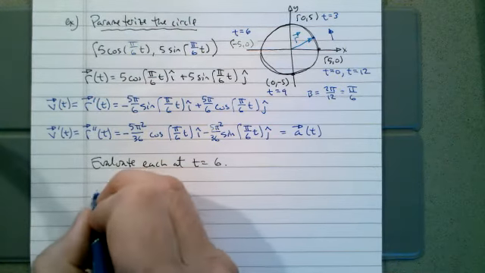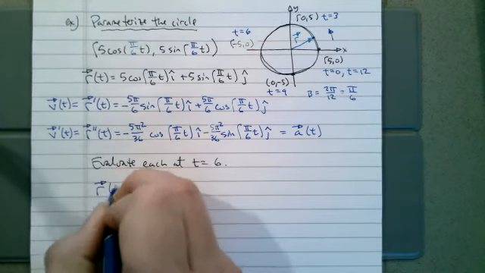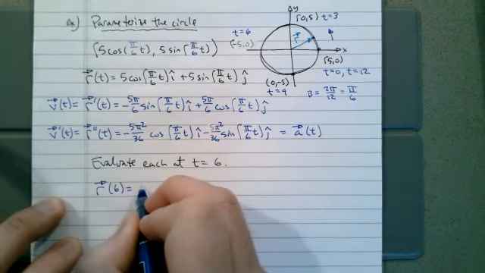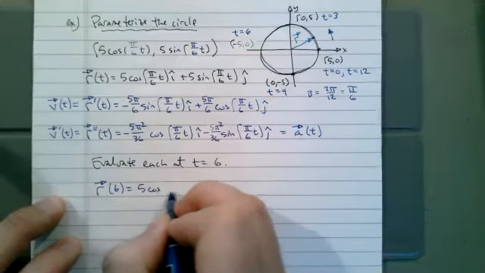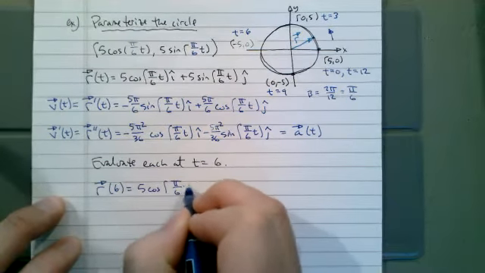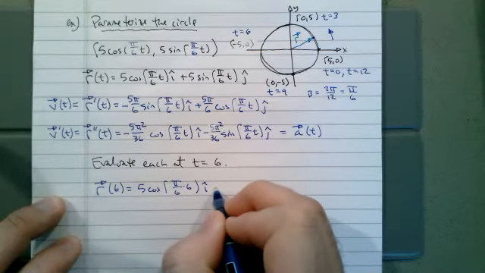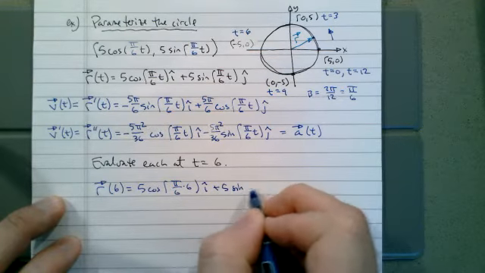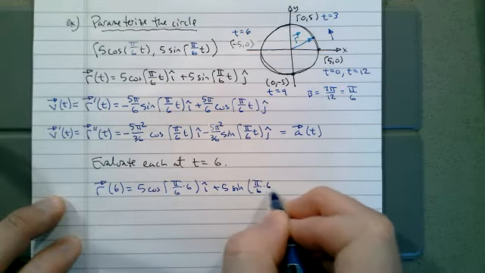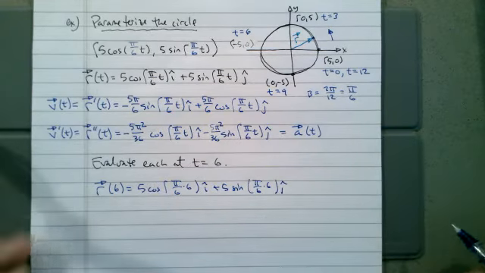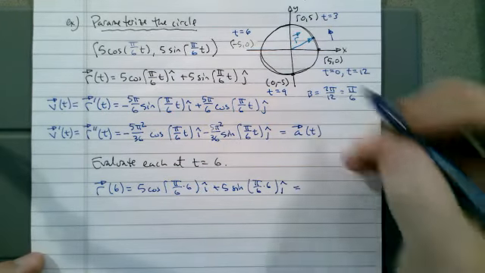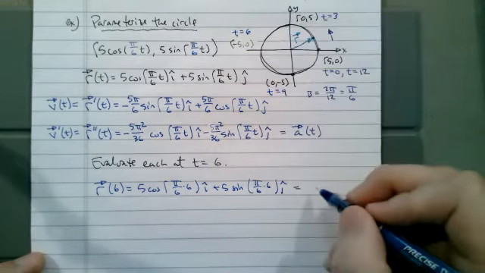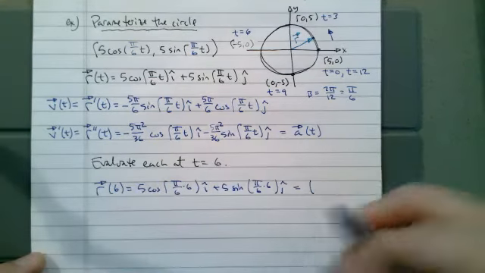So r of t, or r of 6, is going to be 5 cosine of pi over 6 times 6i plus 5 sine pi over 6 times 6j. As we suspected, we get the point negative 5, 0.